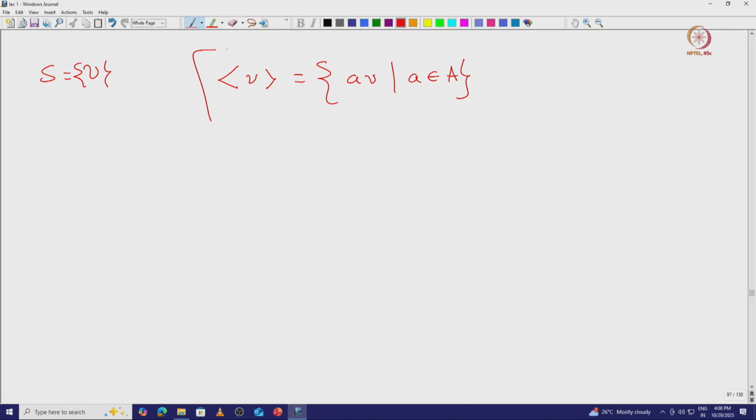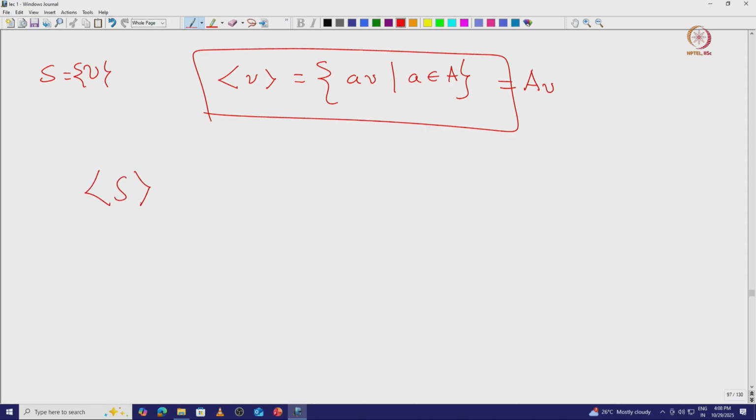So the subrepresentation generated by v must be equal to this. Usually, we denote this by just Av. Using this notation, it is clear that for any subset S of V, the subrepresentation generated by S is just the sum of all possible Av, v in S.